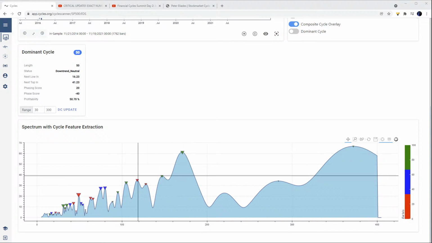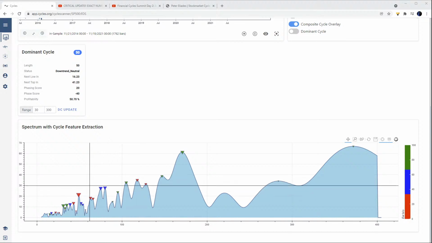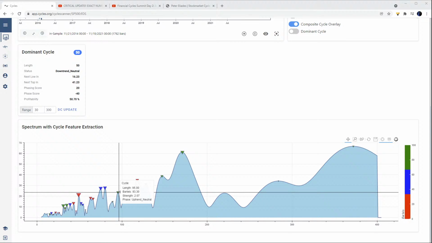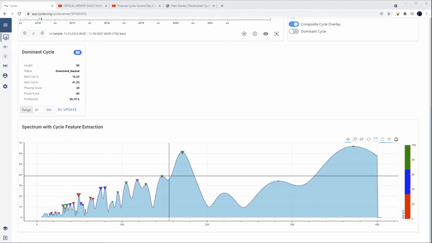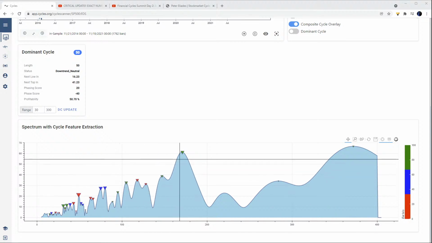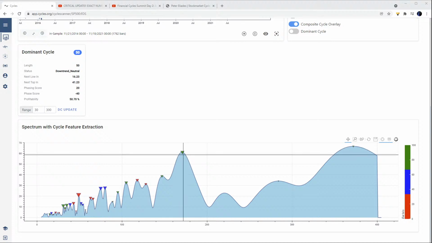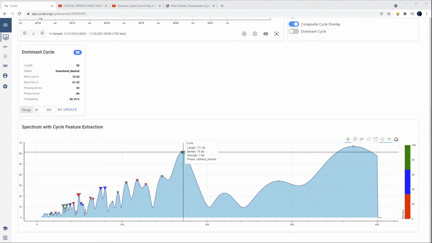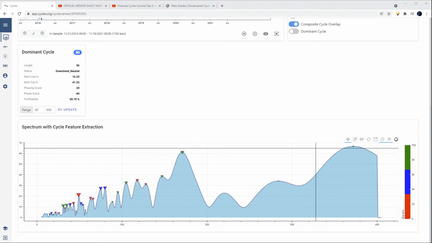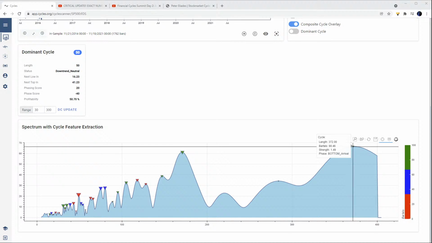And I would not pay too much attention to the shorter-term cycles, which have red triangles, which means they have a very low Bartels score, or smaller triangles, which means they have very low strength in regards to our digital signal processing. This is a green triangle, a big triangle, which means good strength, a good Bartels score, and a clear peak in the amplitude spectrum. And then the second one shows up at a length of 370-something.